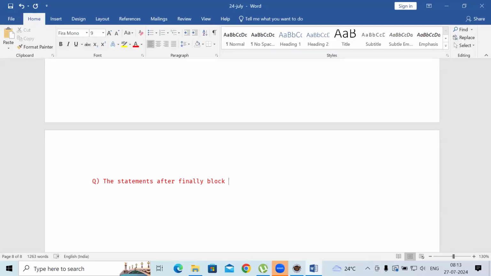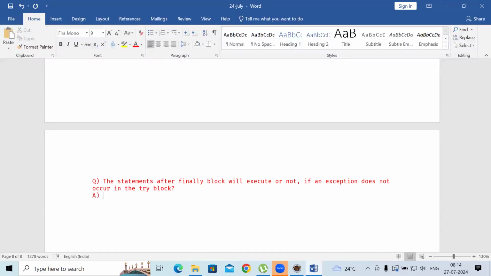The statements after the finally block will execute or not if an exception does not occur in the try block? First I'm asking about does not occur. What is your answer?